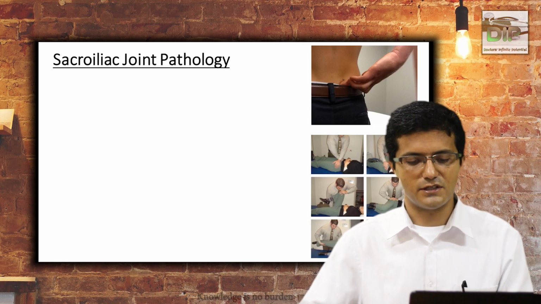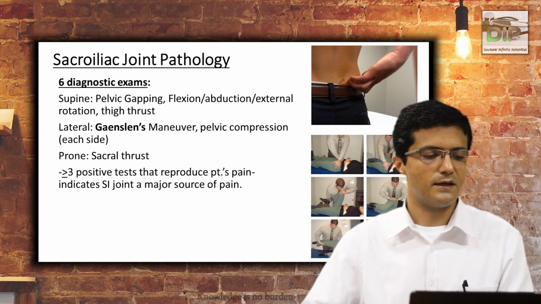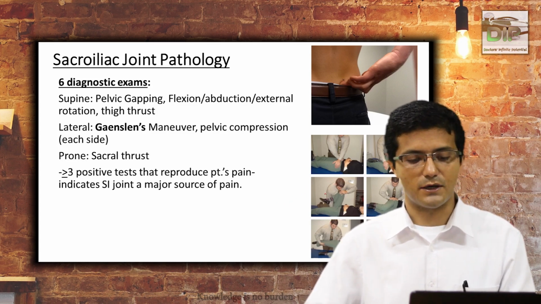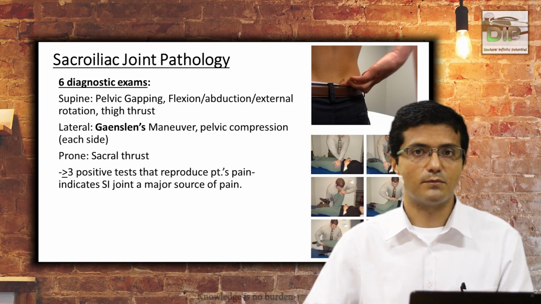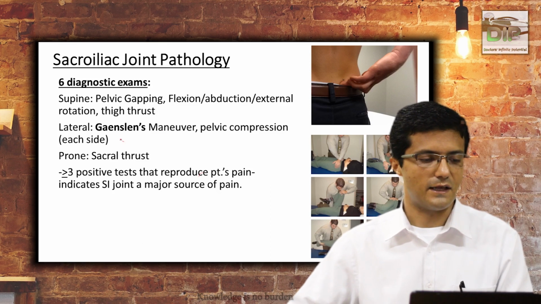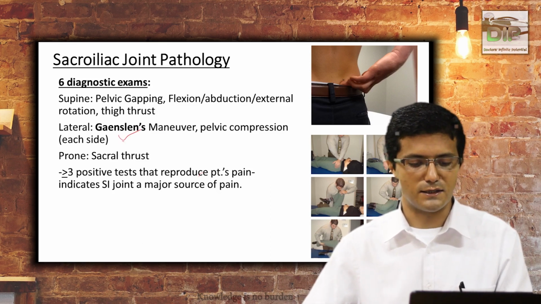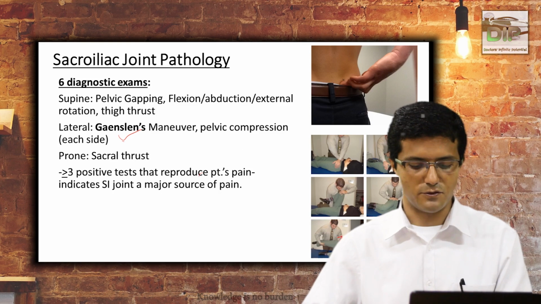There are a series of six diagnostic examinations done in supine, lateral, and prone positions. If there are three or more positive tests, then it could be a case of sacroiliac joint pathology. The most important test is the Gaenslen test, done in the lateral position, in which we extend the involved part of the hip while flexing the contralateral part and see for any reproduction of the pain with this maneuver.